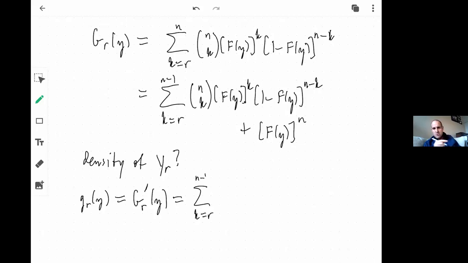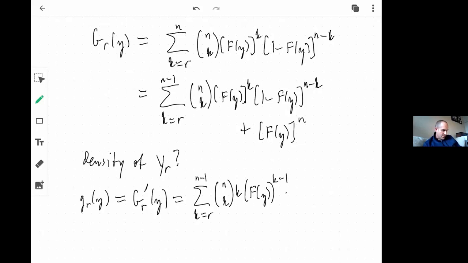So this is going to give rise to two separate sums. At first this looks annoying, but just bear with me. The derivative of the first: the k comes down, k times F of y to the k minus 1. And I know that k minus 1 isn't negative, because r was at least 1.